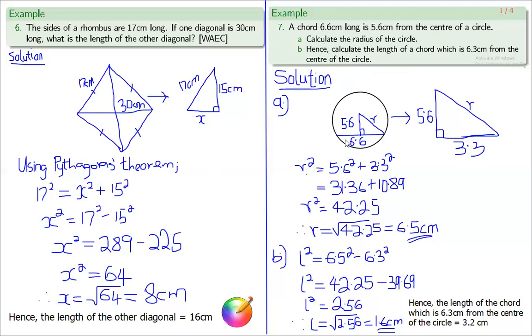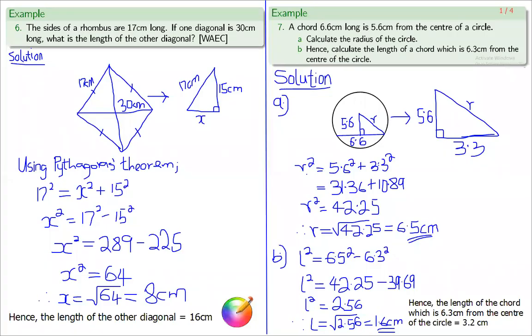The chord is 6.6 centimeters in length, while the distance of the chord from the center of the circle is 5.6 centimeters. The distance from the center to the point where the chord meets the circumference of the circle is known as the radius of the circle, r. So when you extract the right angle triangle formed in the circle, it forms this right angle triangle by the side of the circle. All right.